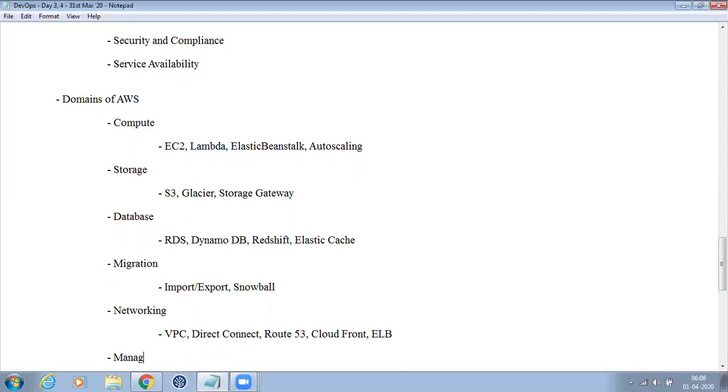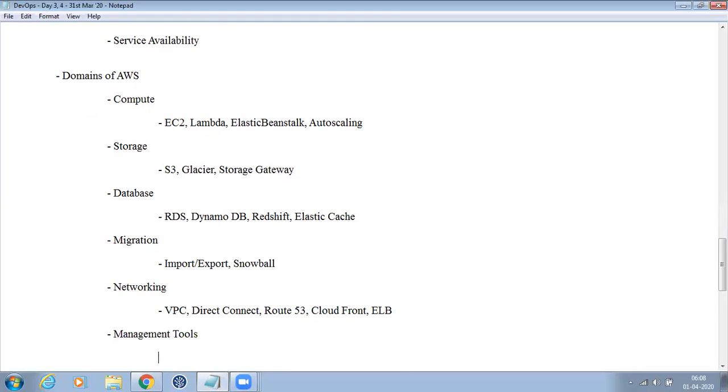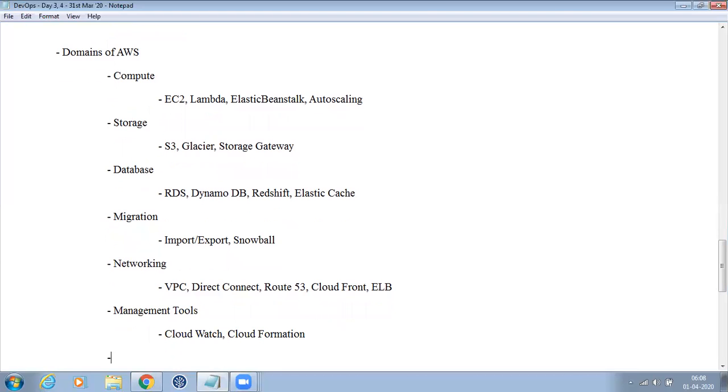And management tools. Under this category, we have services like CloudWatch. Next, we have CloudFormation. Next category is security and compliance.